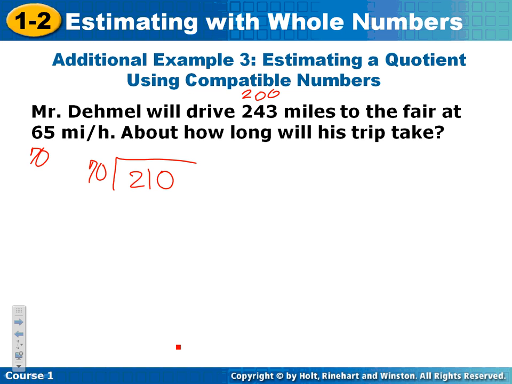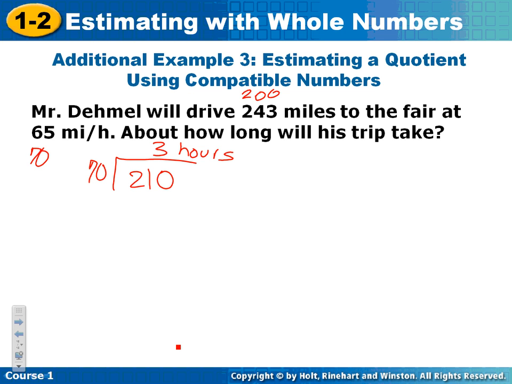How many hours? 3. It's not rounding, because to make this 243 a 210, that certainly doesn't follow any rounding rules that I know, does it? But they're numbers that are close that work well together. That's called compatible numbers. That's what you want to do in this situation.